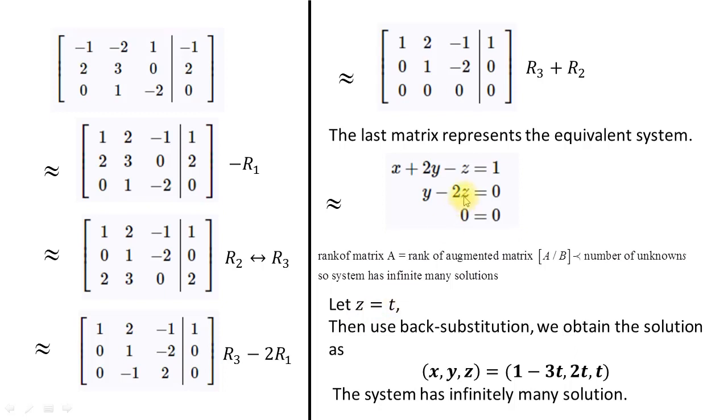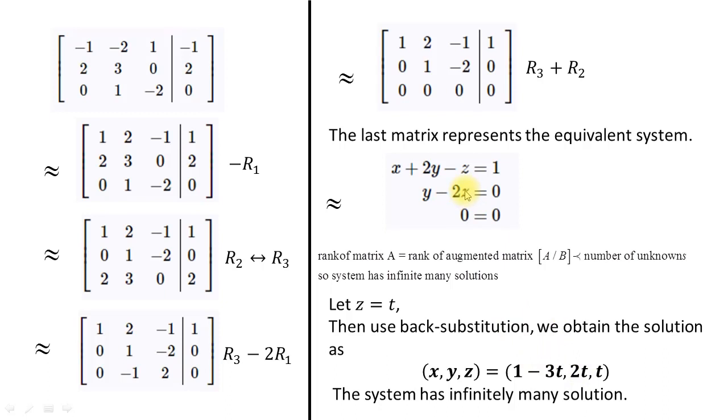So putting z is equal to t, we obtain y is equal to 2t.